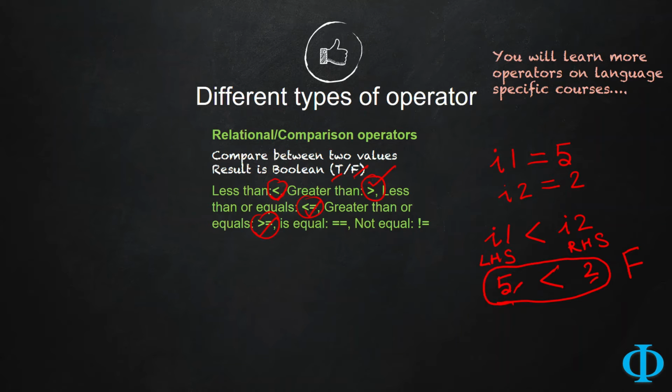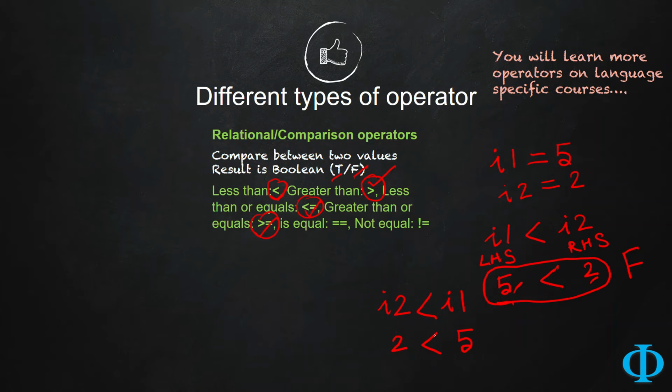Just the other way, if I check whether I2 is less than I1 or not, what will happen now? This time I2 is the left hand side operand and I1 is the right hand side operand. So it will check whether 2 is less than 5 or not.